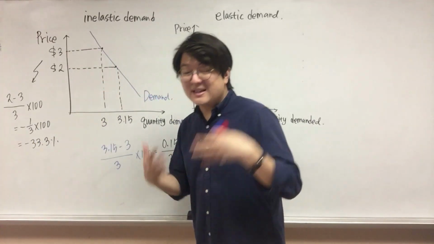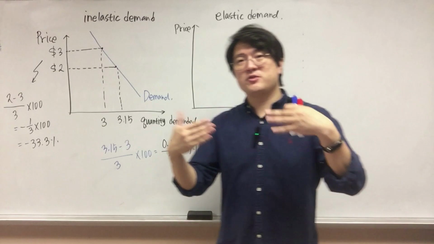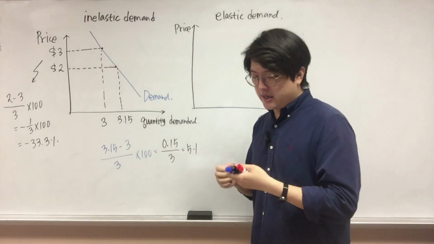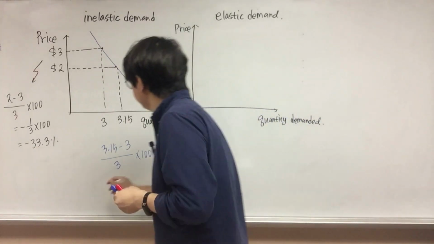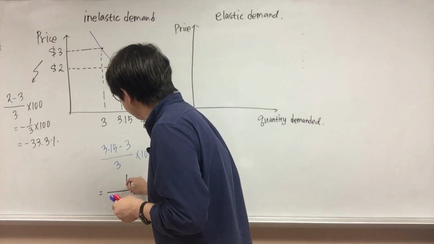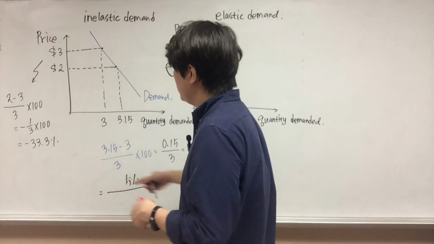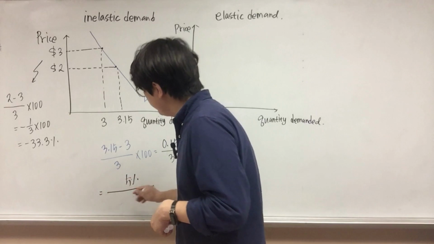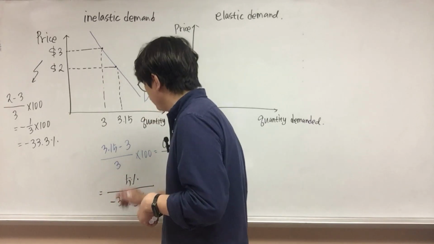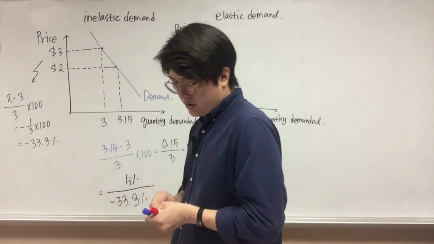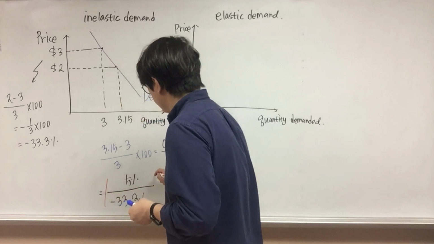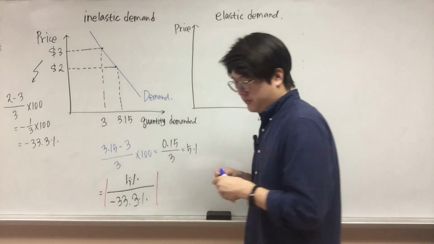The price elasticity of demand is the percent change in quantity demanded divided by the percent change in price. So the percent change in quantity is 5%, divided by minus 33.3. And in addition, we can use the absolute value in order to ignore the negative value.